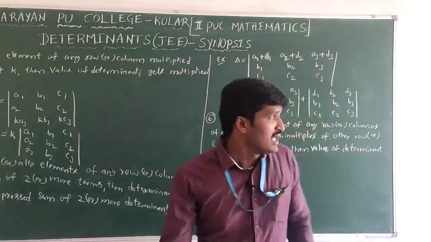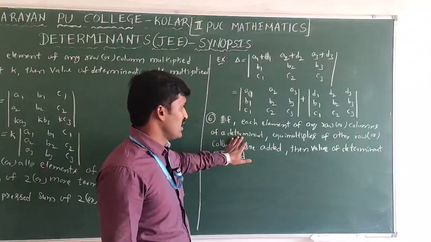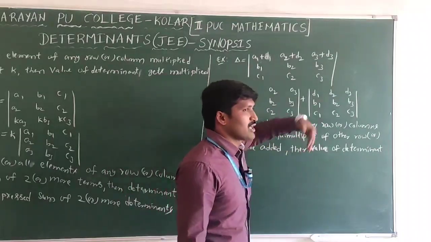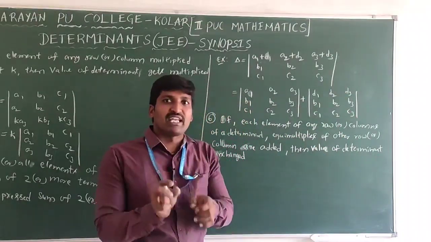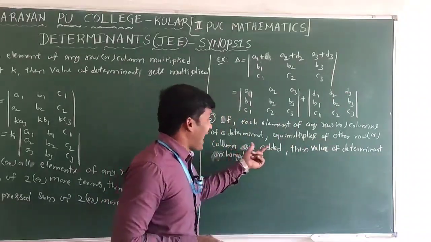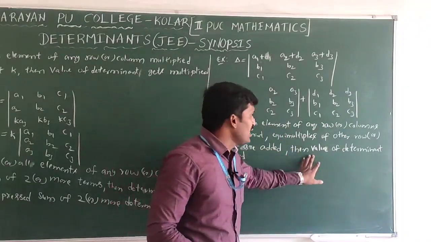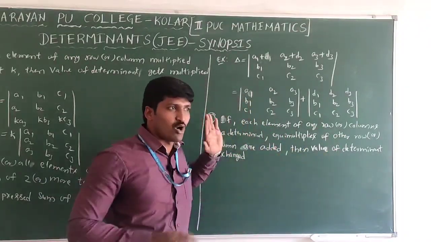That means each element of one row or column of a determinant plus equimultiples of the other row. Equimultiple means we have to multiply by one fixed constant value. When the two rows or two columns are added, the value of the determinant remains the same, it does not change.